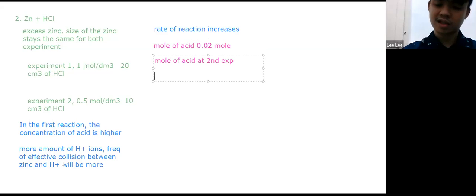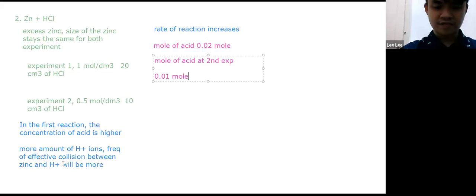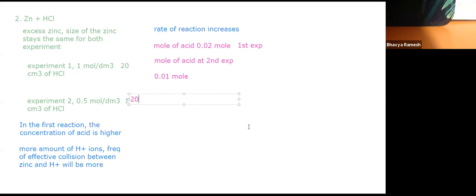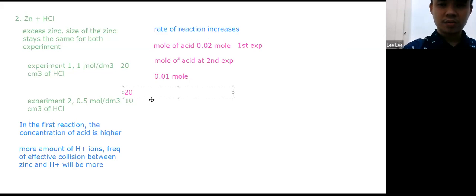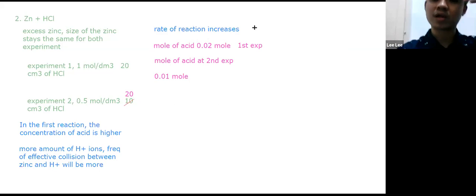I have a typo, so let's say it's 20. Let me fix this. This one is the first experiment, and this one just now has to be 20. So same volume, but I just change the concentration. So the mole is 0.02 mole, and the second experiment is 0.01 mole. Anyone want to ask questions until here?